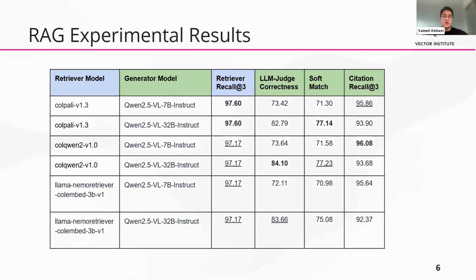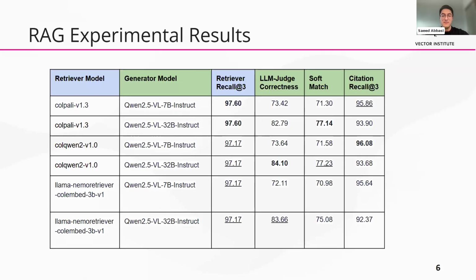The retrieval recall is the percentage of accurately retrieved charts based on the ground truth chart, which we know. All the retrievers did a great job in identifying the ground truth chart in the top three retrieved charts, because the queries were refined for RAG, so they didn't have a problem spotting that.